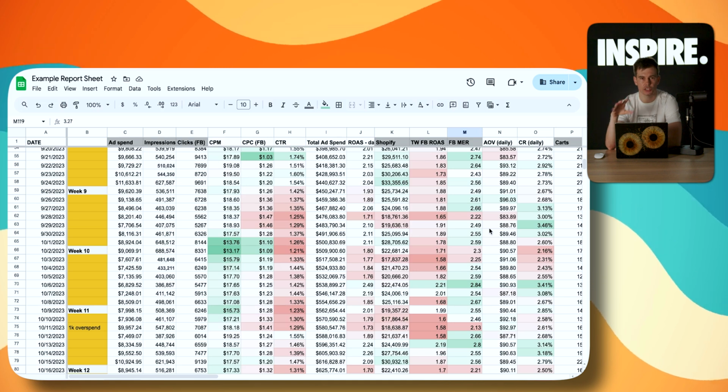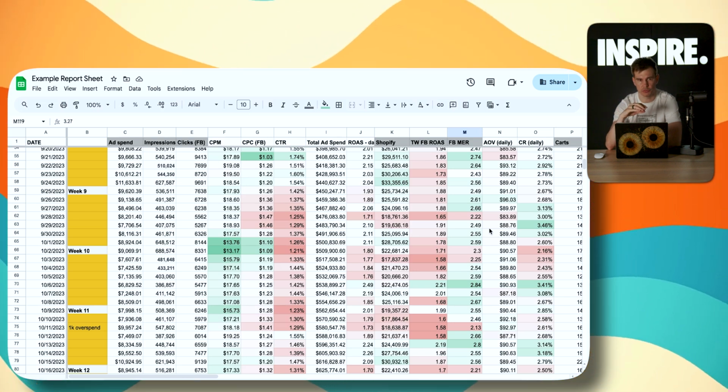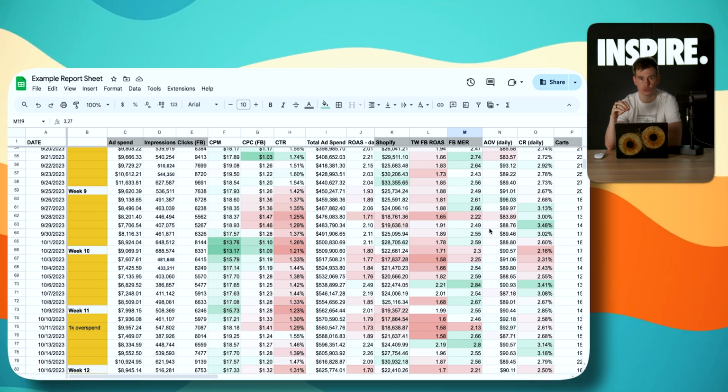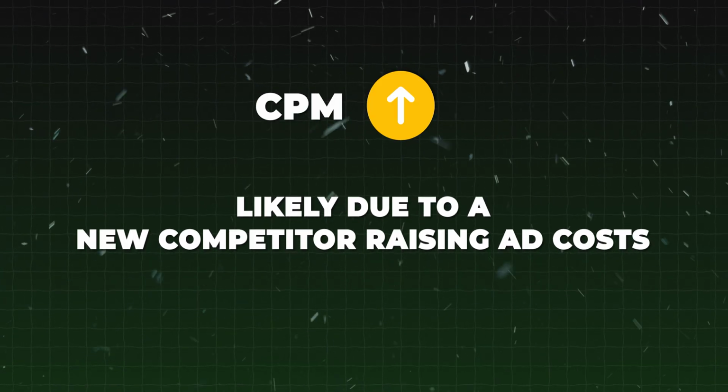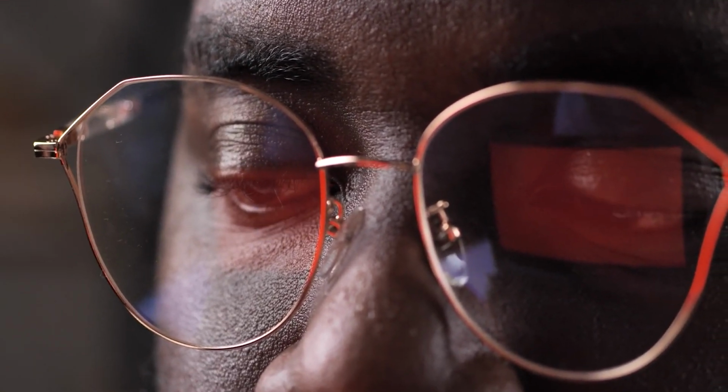Now I'm going to teach you what the problem is when each of these metrics changes and how to troubleshoot it. If CPM went up, it's probably because some new competitor showed up, which is causing your ad cost to go up, or we are in a period when most brands are advertising, like Black Friday or recently Amazon Prime Day.